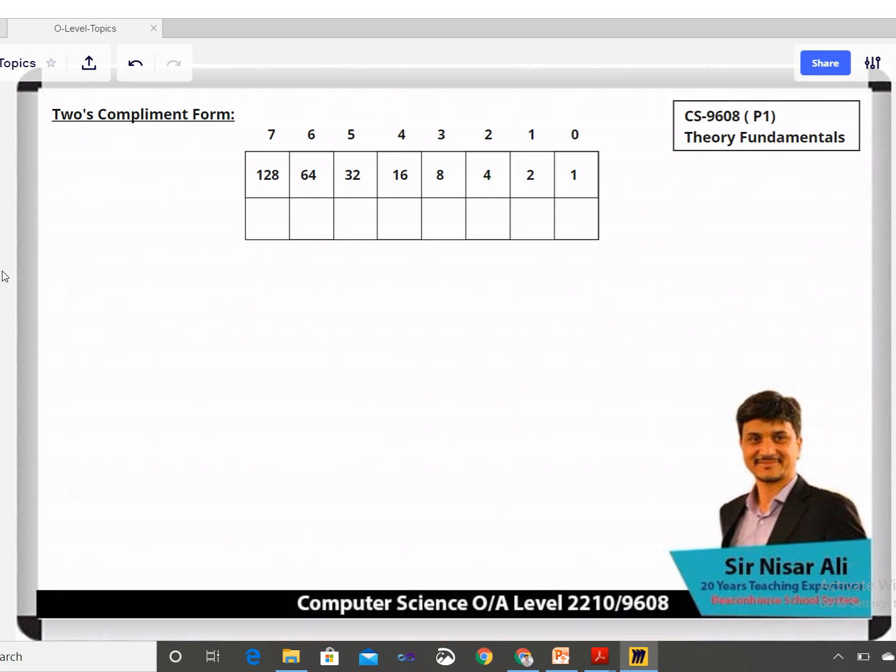Okay, now talking about the second method, in the second method we will see there are many ways through which we convert the numbers and represent a negative number. I will show you the second method.